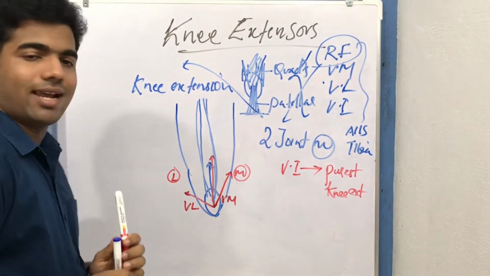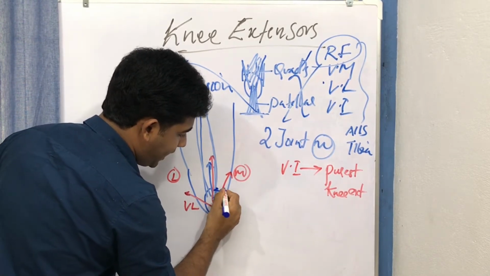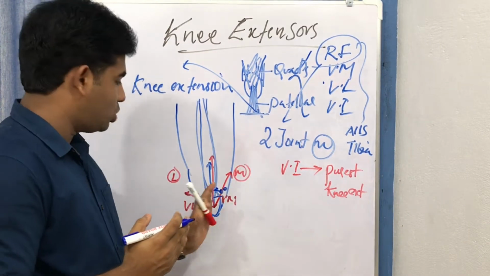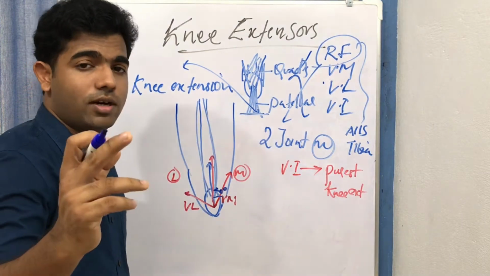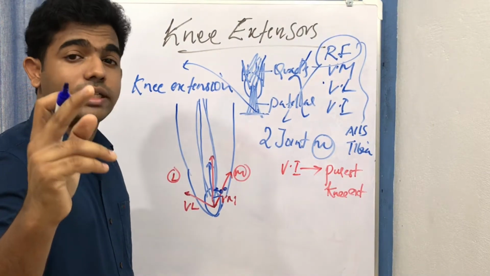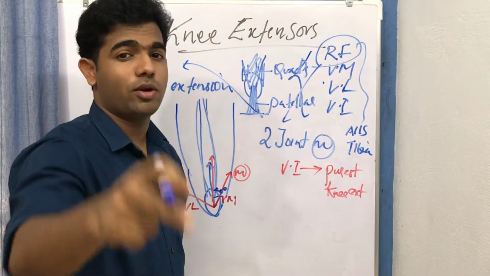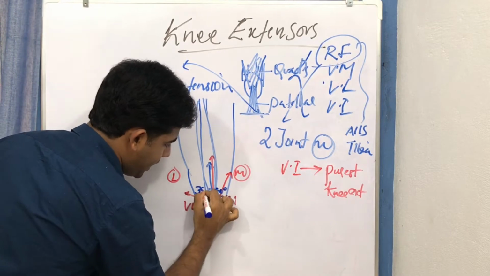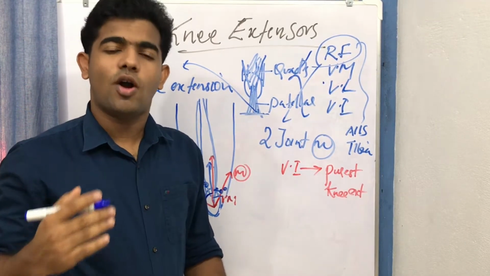Studies show that the vastus medialis is oriented about 40 degrees from the midline, or more correctly the long axis of the femur, because the femur is slightly oblique. You remember that? Yes. And the vastus lateralis is about 35 degrees from the midline or the long axis of the femur.